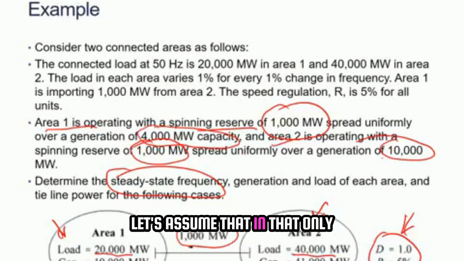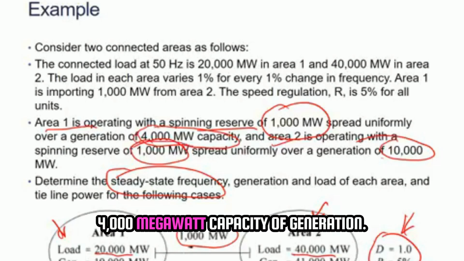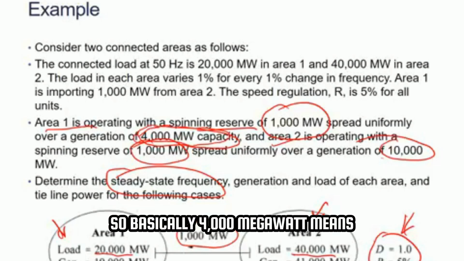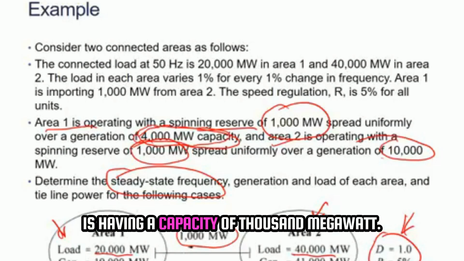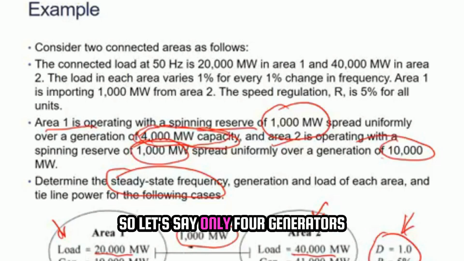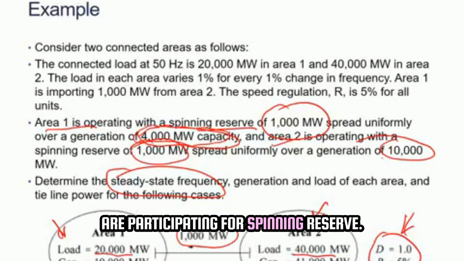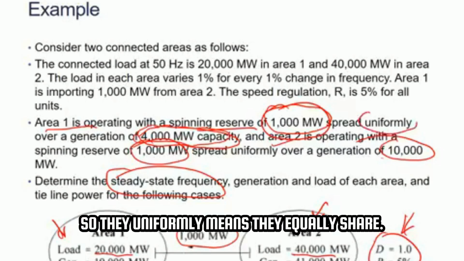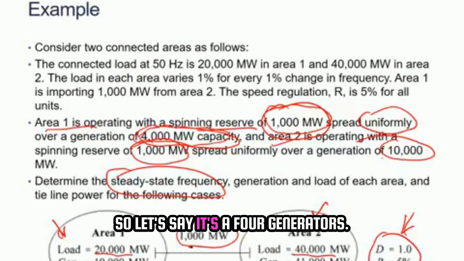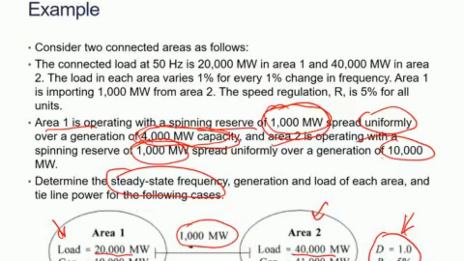Of that, only 4000 megawatt capacity of generation, so only 4 generators, are participating for spinning reserve, and they can only provide a spinning reserve of 1000 megawatt, spread uniformly. Uniformly means they equally share. With four generators, each generator can provide 250 megawatt of spinning reserve. Does it make sense?